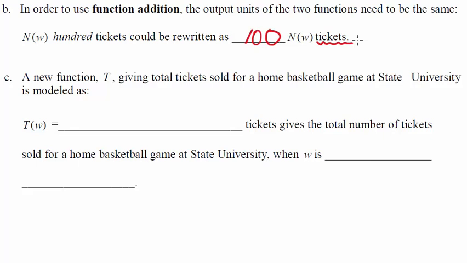So my new function for the total number of tickets sold is going to be the number of student tickets, S of W, plus the number of non-student tickets, but I multiplied this by 100 so that my units are now just tickets. So this gives the total number of tickets sold at a home basketball game when W is the winning percentage.